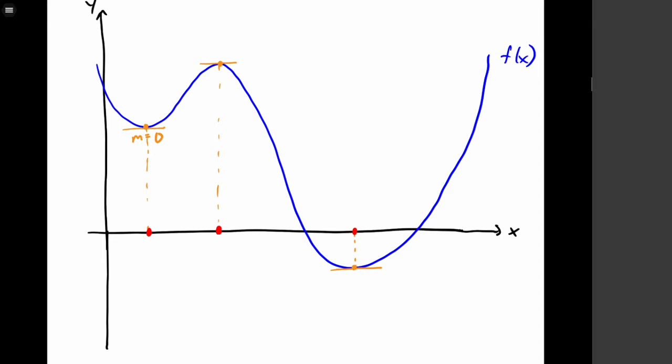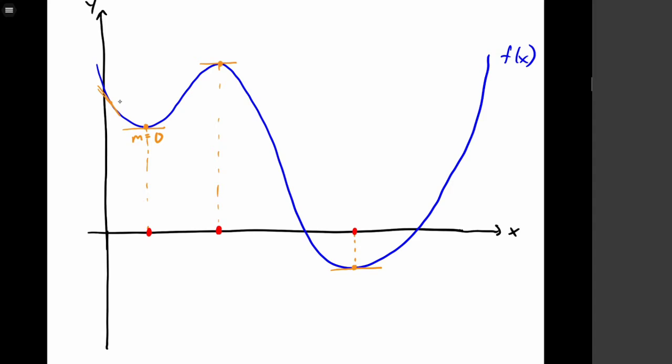Well, let's look at our function. Let's take a point, say, in here. Right here's a tangent line. Is the slope positive or negative here?